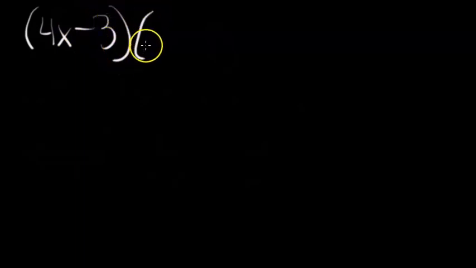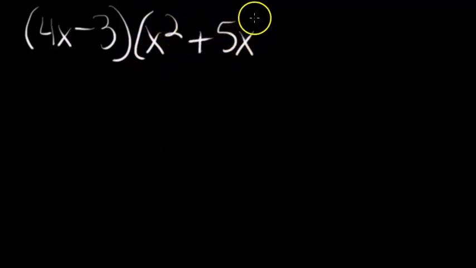Now let's multiply a binomial by a trinomial. So let's say we have 4x minus 3 times x squared plus 5x minus 7.